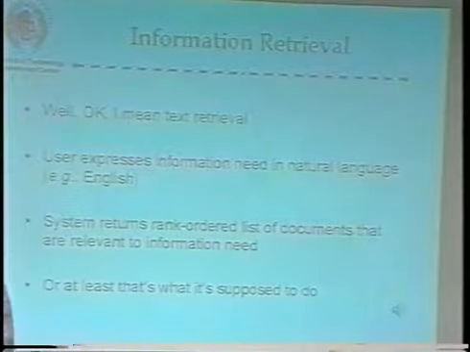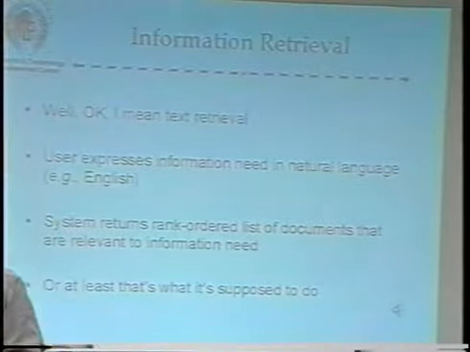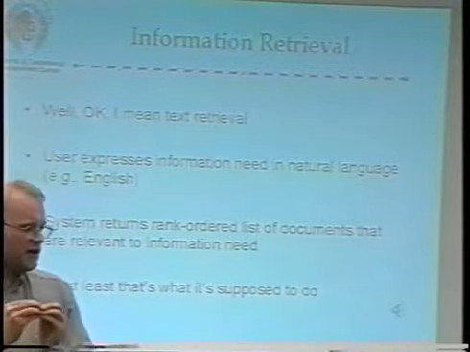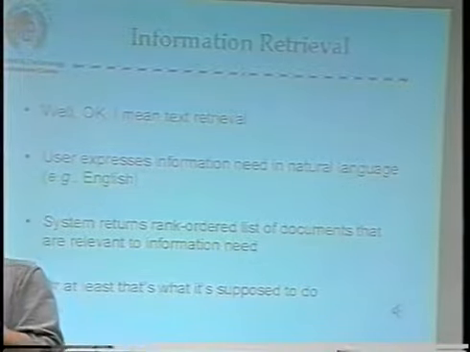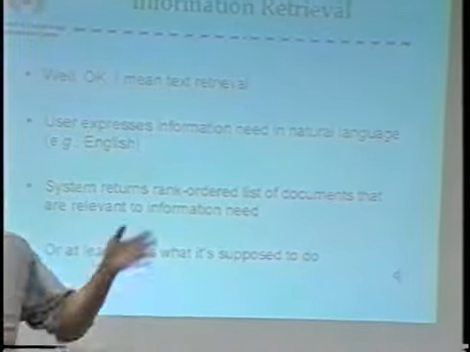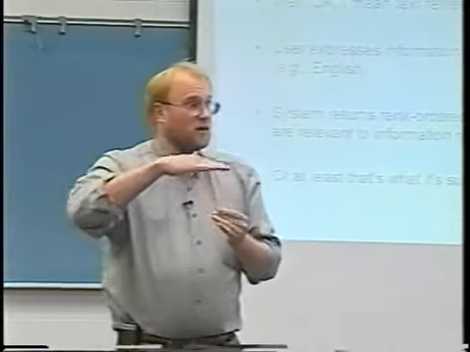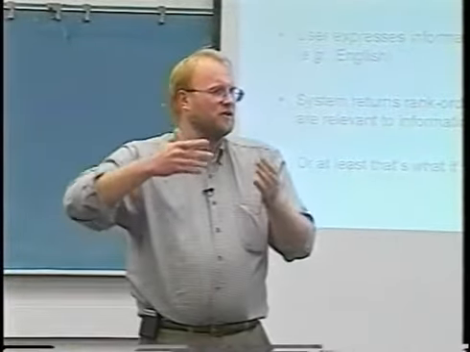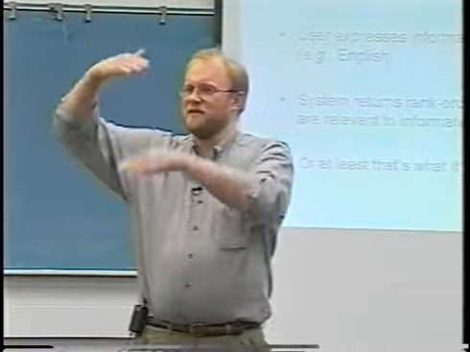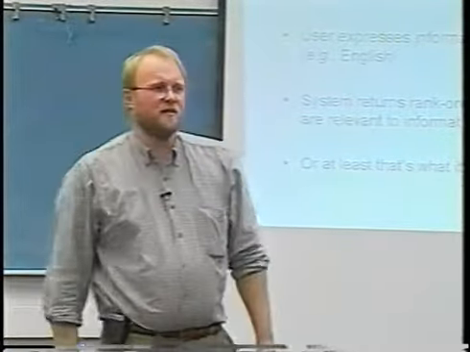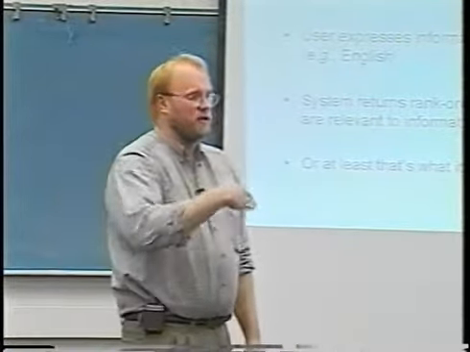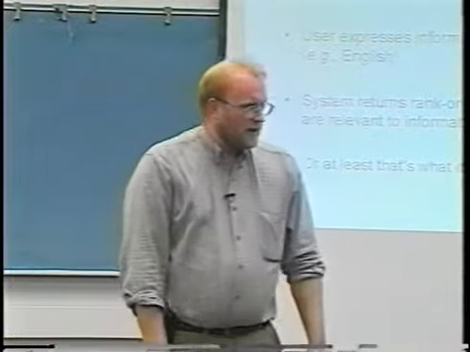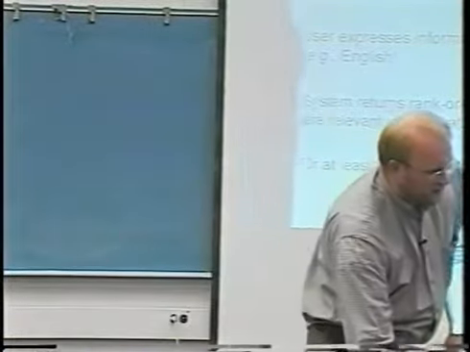So the user's query is in natural language, say English. The system in the olden days used to just return a big wad of documents, but these days those documents are ranked so that you get some notion of where the system thinks these documents ought to be in the grand scheme of things for this query. And that's sort of what the system is supposed to do.